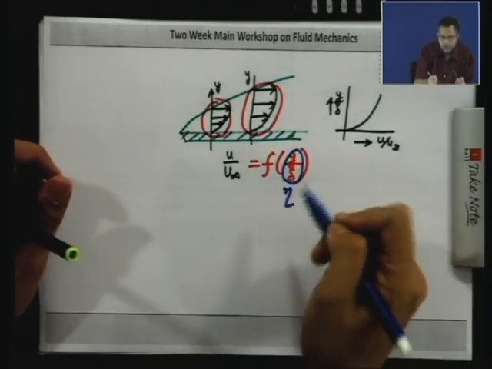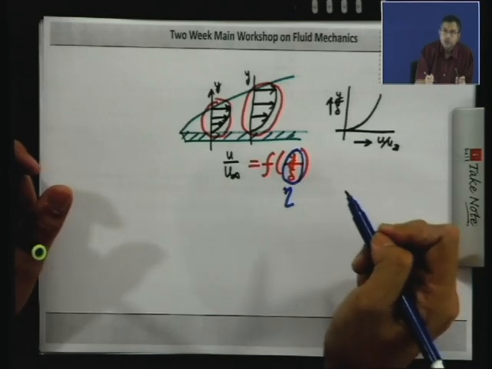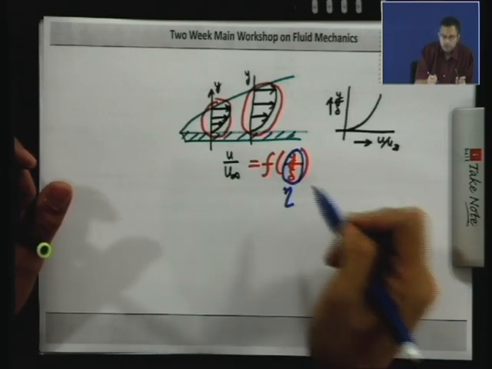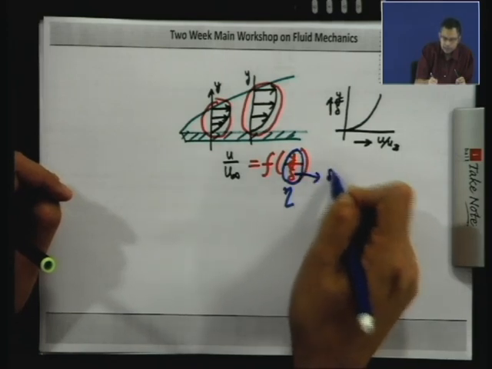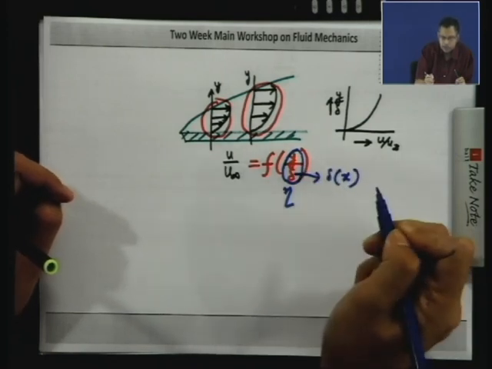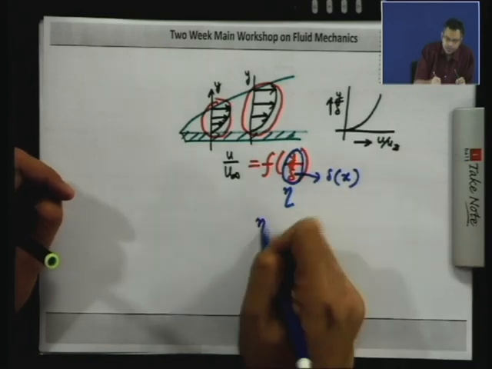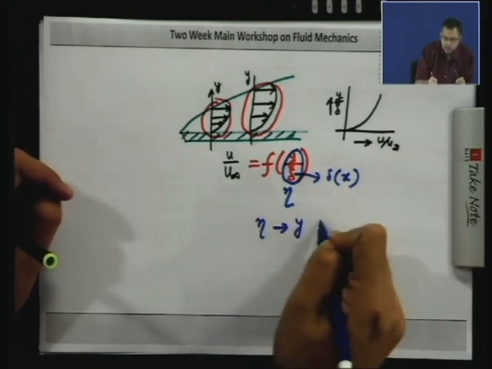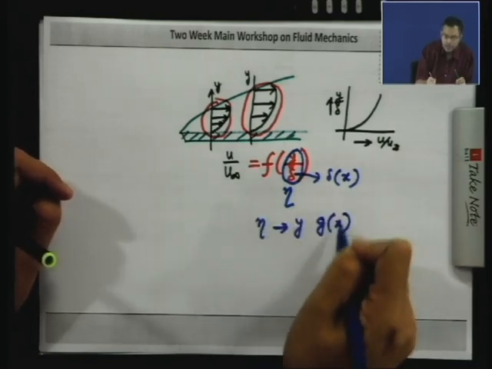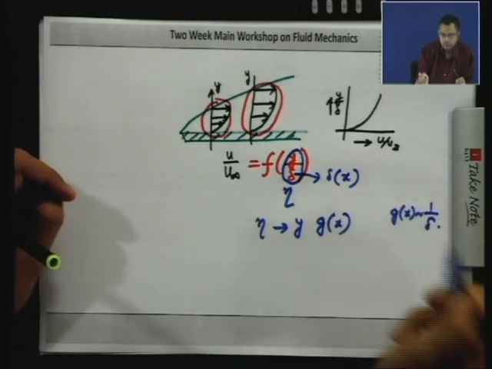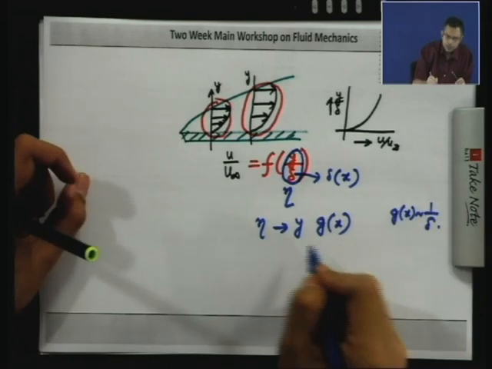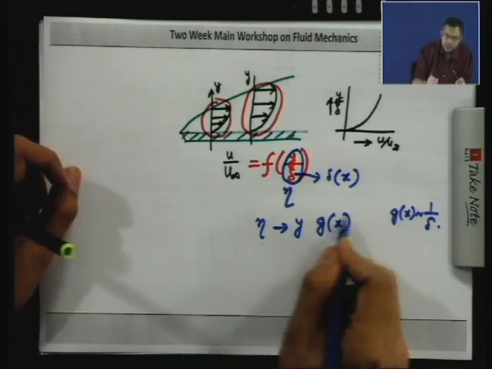So when there is such a similarity parameter, we can replace the function. Remember that delta is a function of x. So eta you can write as y into some function of x, where this g of x is like 1 by delta. This is a special case of separation of variables.